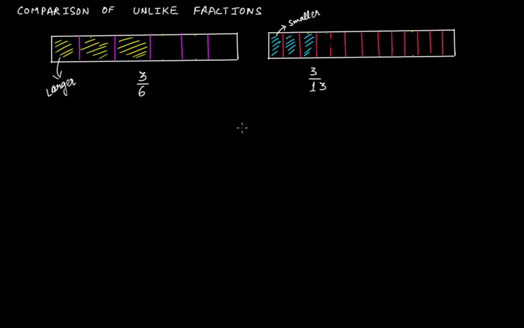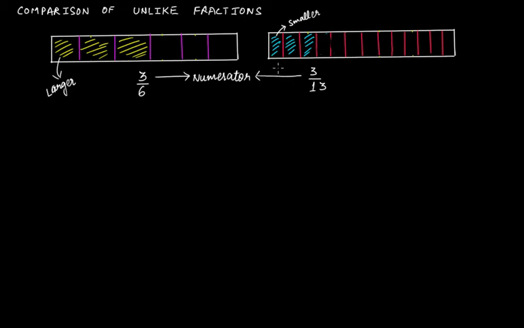Now if I ask you to compare these, you will say that these two fractions are unlike fractions, but what we can see here is that the numerator in both these fractions is actually equal.